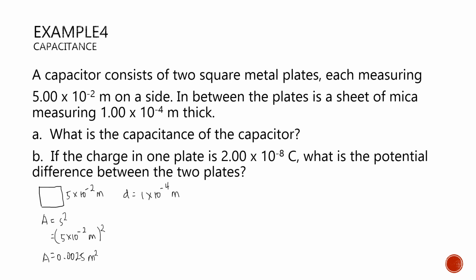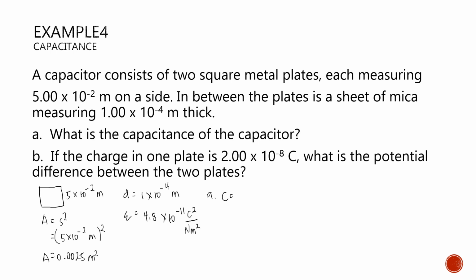Mica has a permittivity of 4.8 times 10 to the negative 11 coulomb squared per newton meter squared. For letter A, we're going to get the capacitance.